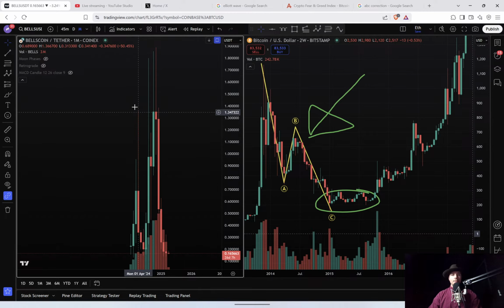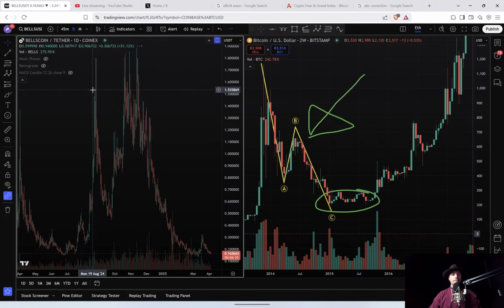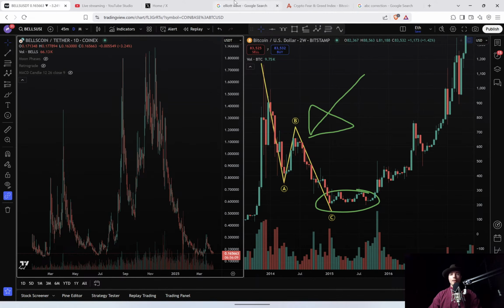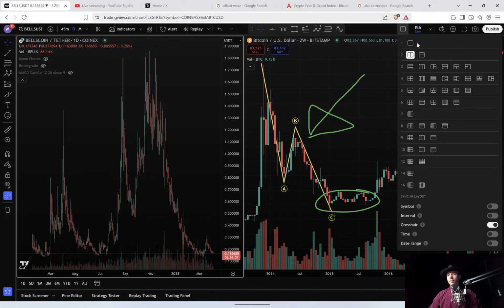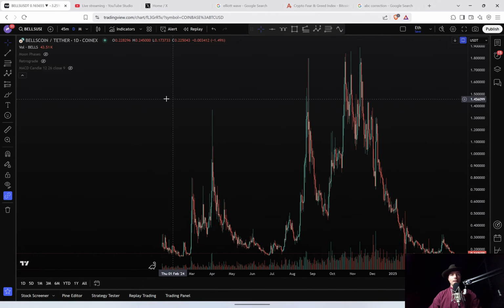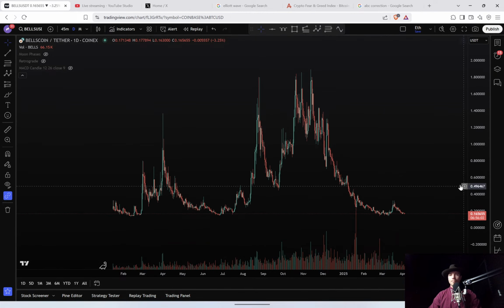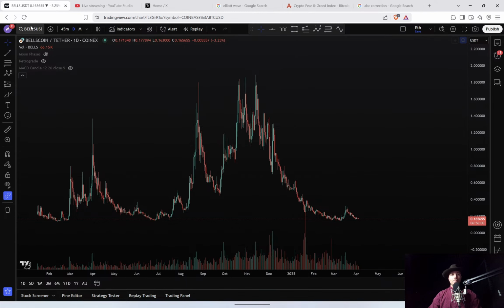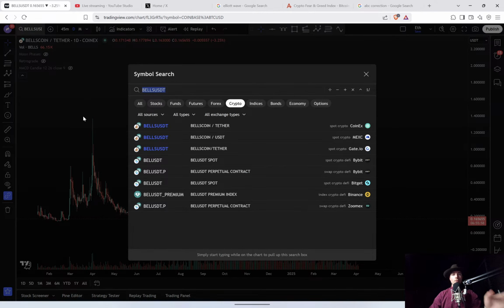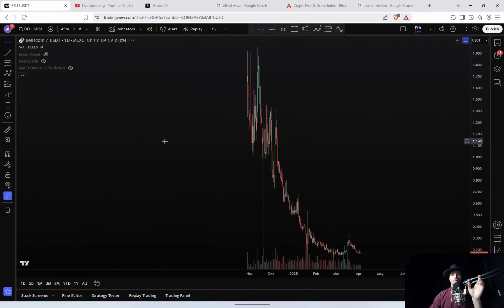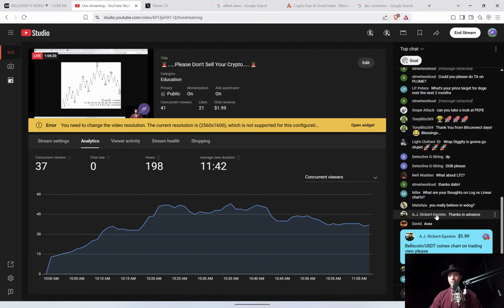I believe this is the right one. Bell's Coin on CoinEx here? Let's see if this is the right coin before we get all crazy into analysis on it. Let's see what AJ says here before we start the analysis.